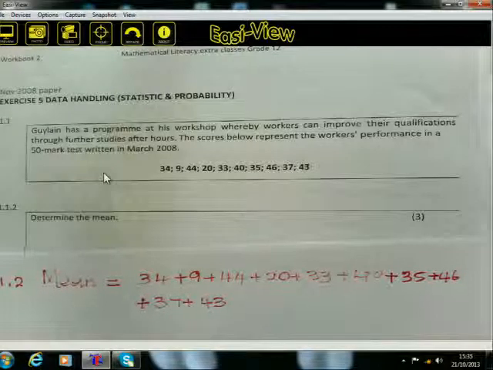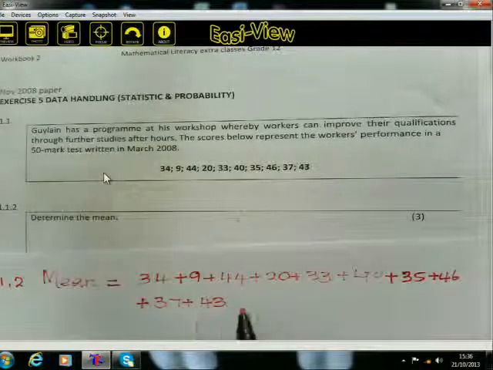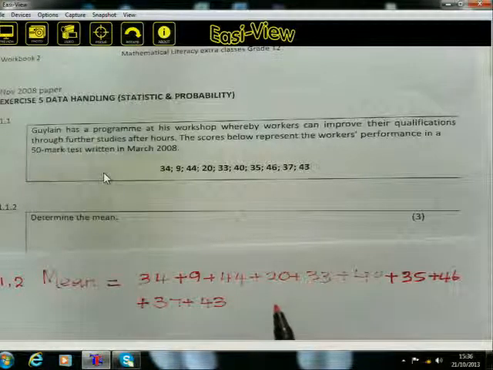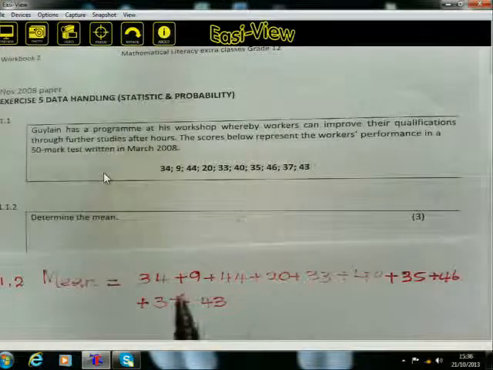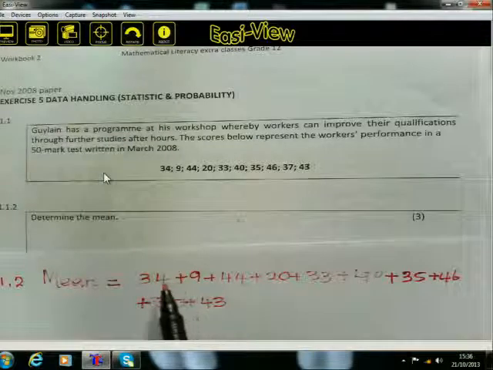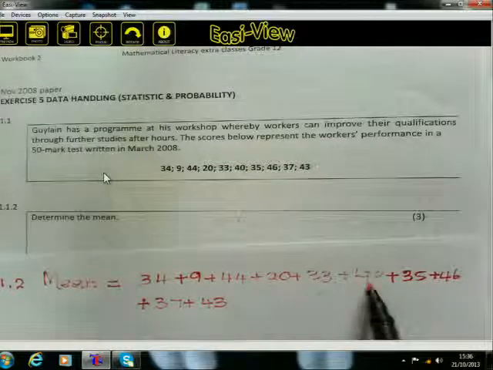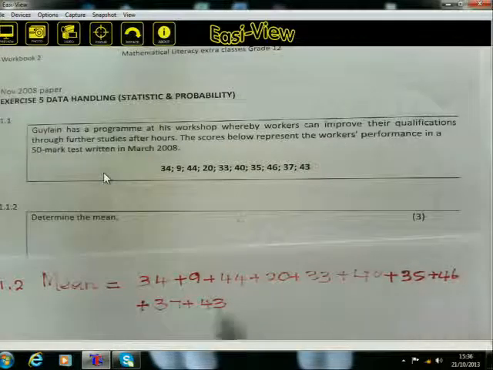Please check that all numbers are 10. If you don't do that, you might miss the correct answer. So let us all check again: 1, 2, 3, 4, 5, 6, 7, 8, 9, 10.